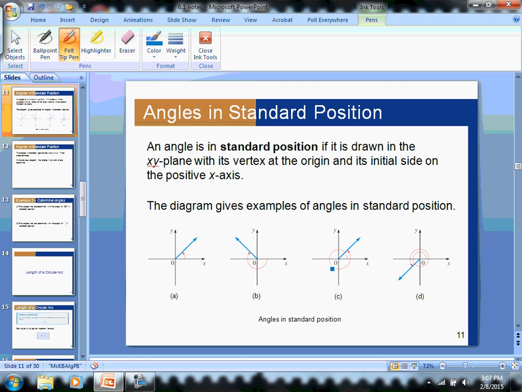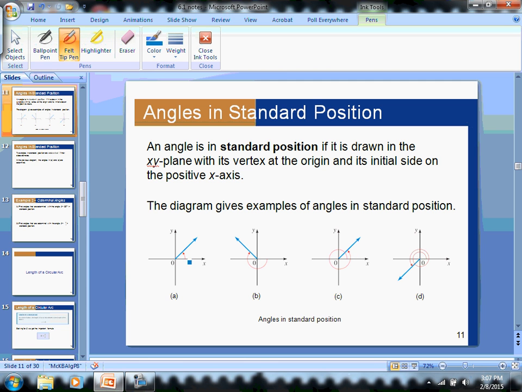And remember, you can rotate around as many times as you need to. So for part C and part D, it shows them rotating several times around. But notice that when part A is drawn and part C is drawn, they end in the same position.